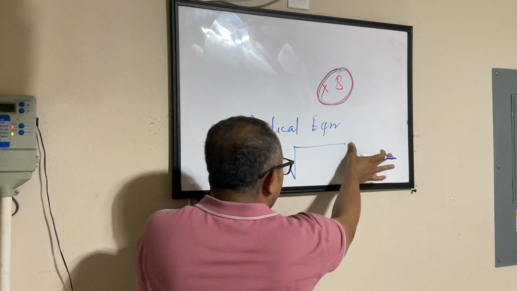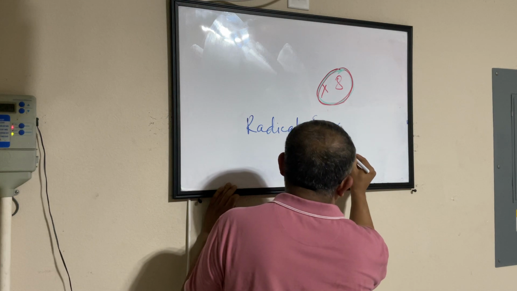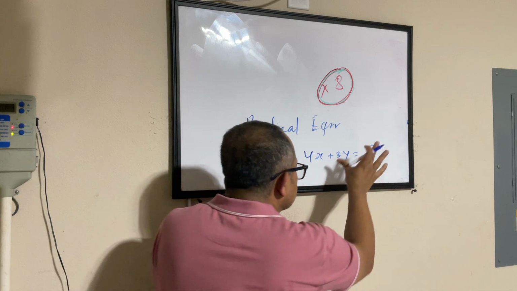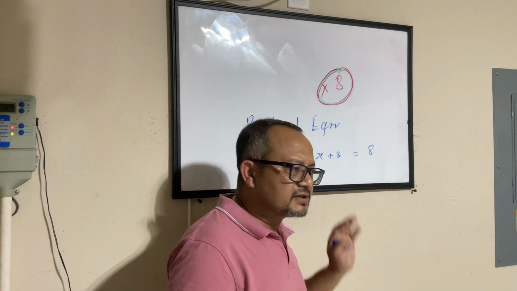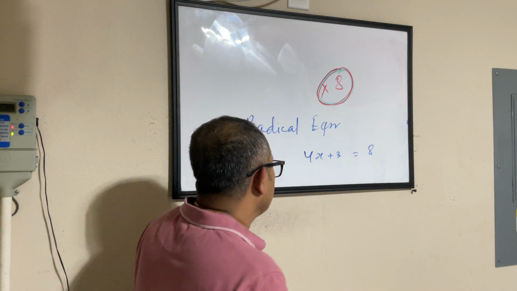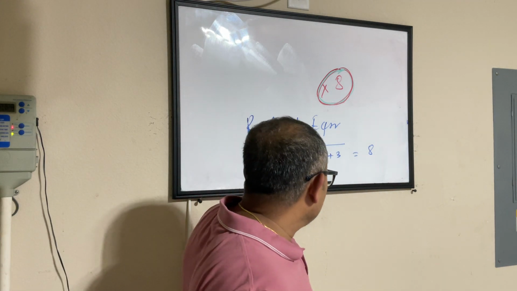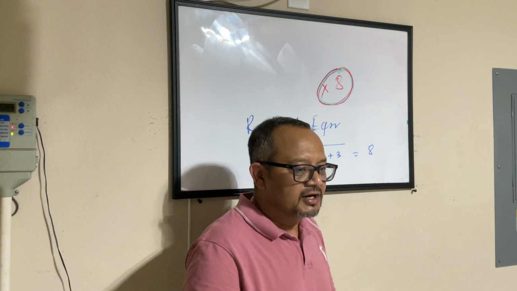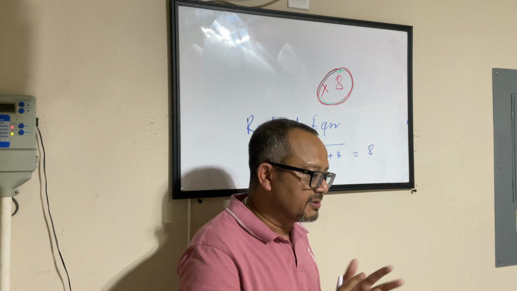So if I have an equation, let's say 4x plus 3y equal to 8, or let's now add 2 more variables here. A simple linear equation. Now, when you add the radical sign to it, that is when it is called a radical equation. Is that a good understanding to begin with, everybody?